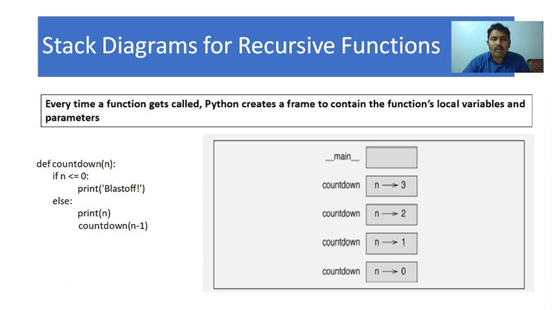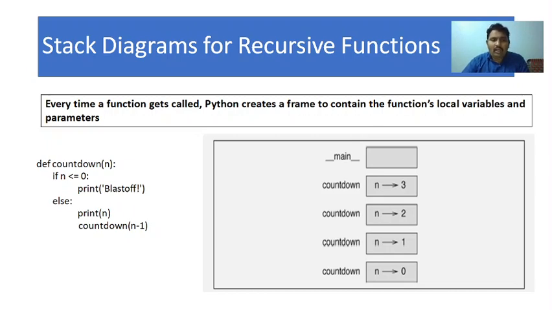So the next topic is stack diagram for recursive functions. We already discussed what a stack diagram is. In Python programming, every function can be represented with a frame. That particular diagram is called the stack diagram. For this countdown program, how can we draw the stack diagram?